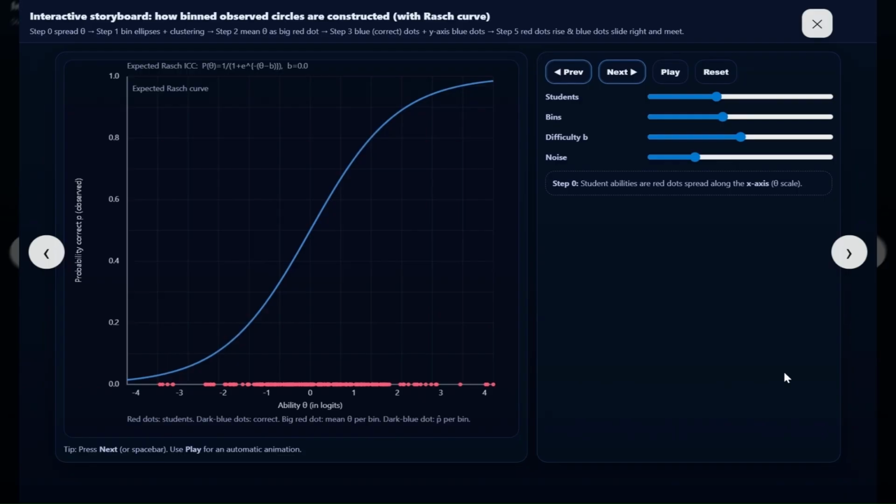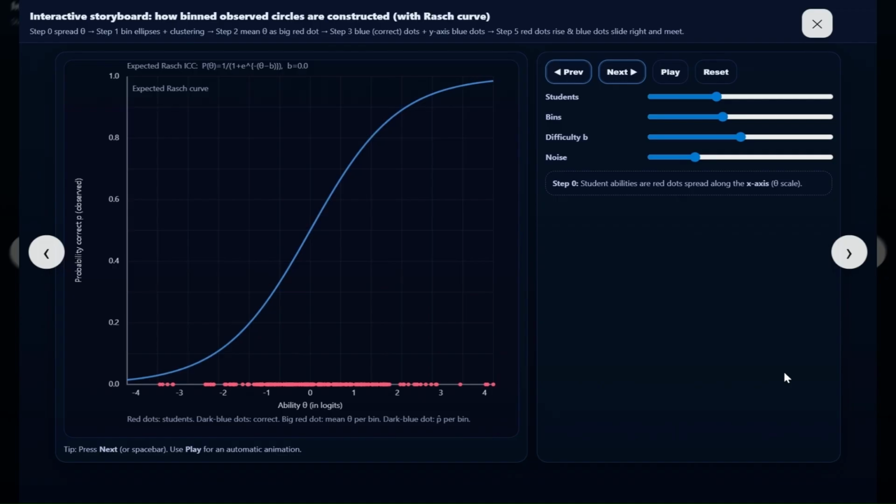Of course, you don't see it in practice. What we see in practice is that the observed percent correct per student on that item is within what is called Bernoulli probability. It's within variation that is permissible by chance.